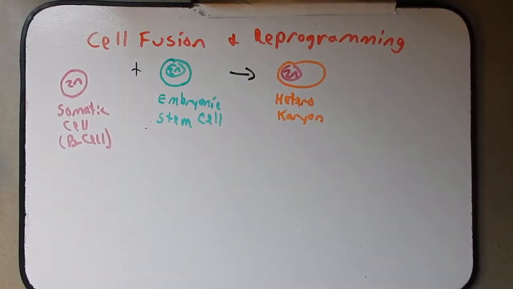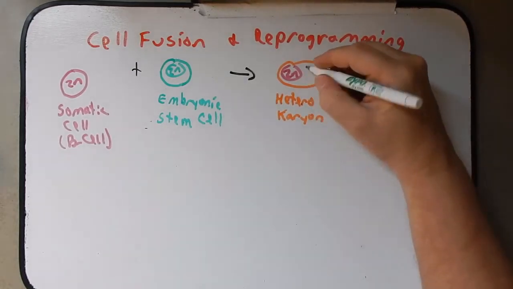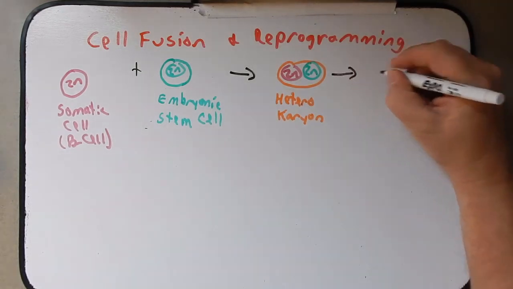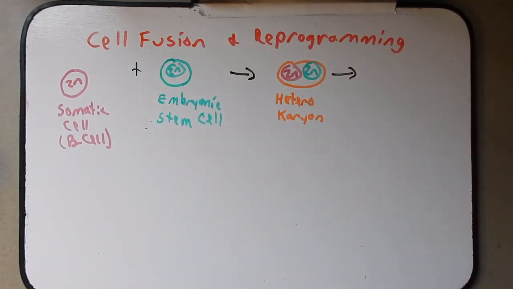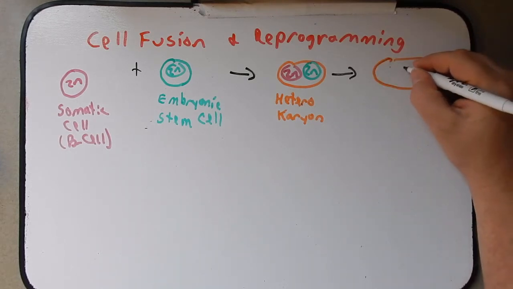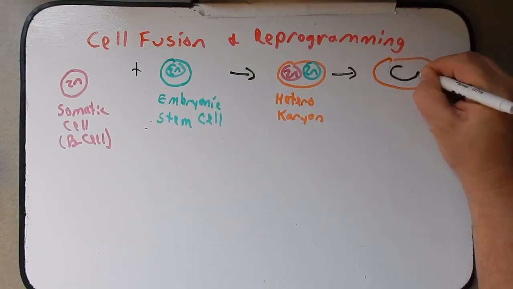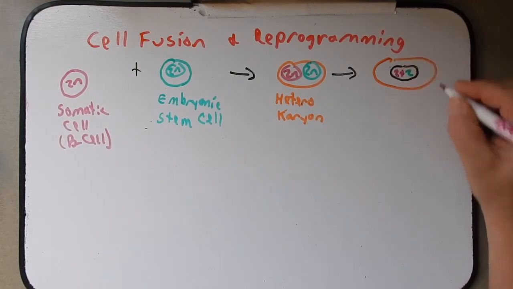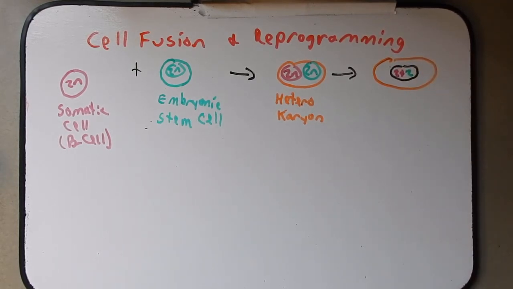One is 2N from the somatic cell, and the other is 2N from the embryonic stem cell. Now what will happen is these two nuclei will fuse with each other, and we'll end up with that same cell, but now it will contain a nucleus with 2 chromosomes of each from the embryonic stem cell and 2 chromosomes of each from the somatic cell.